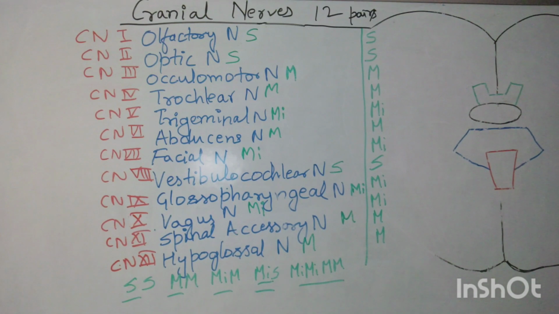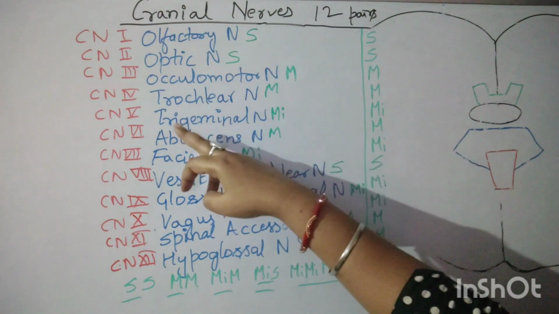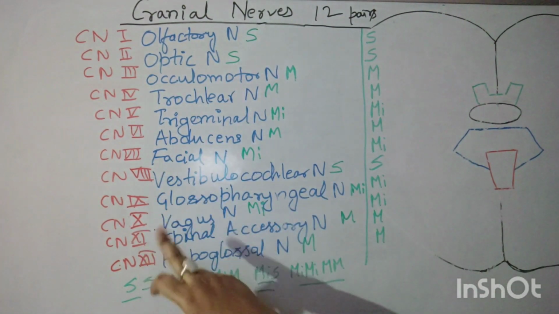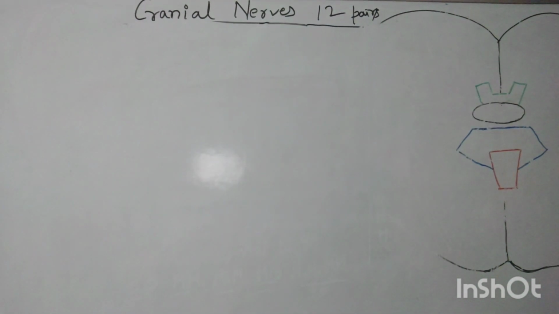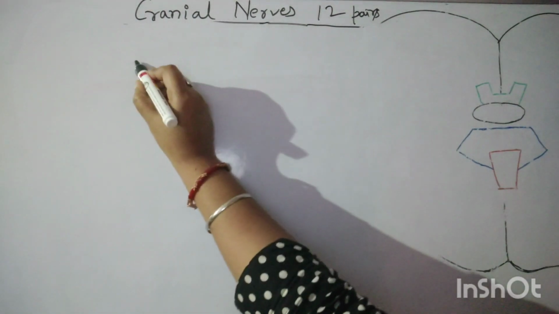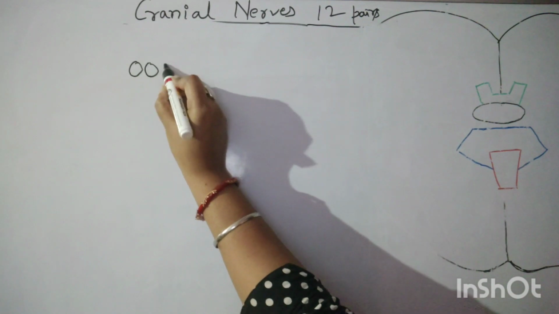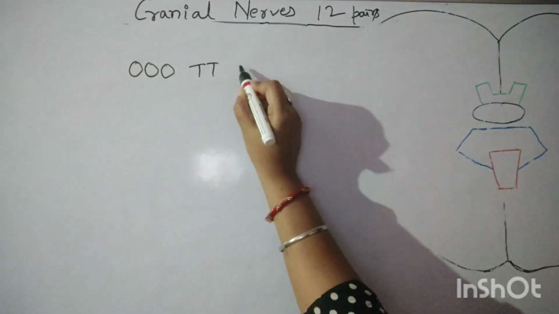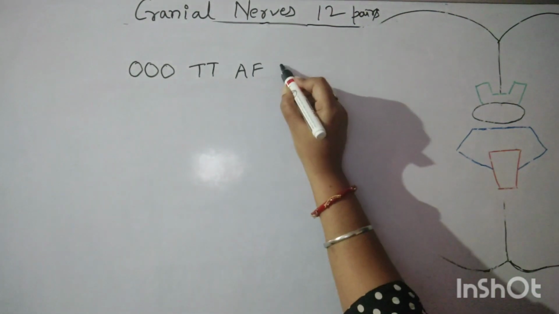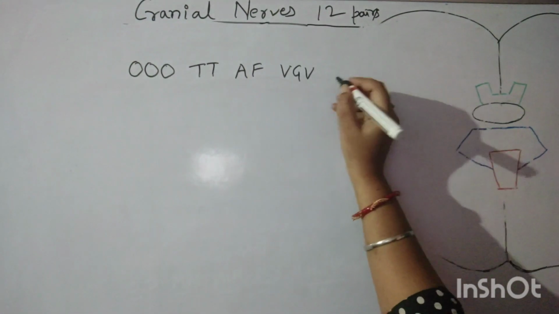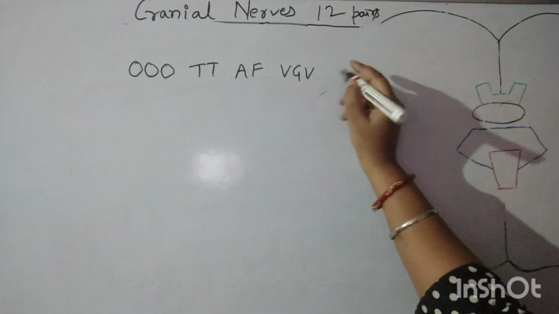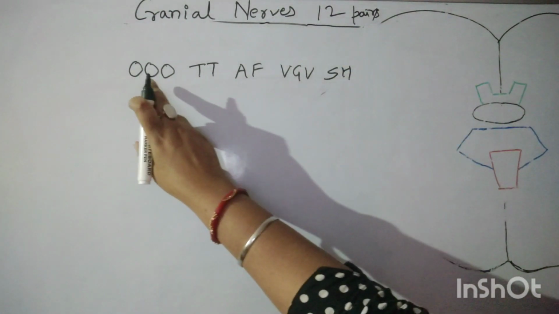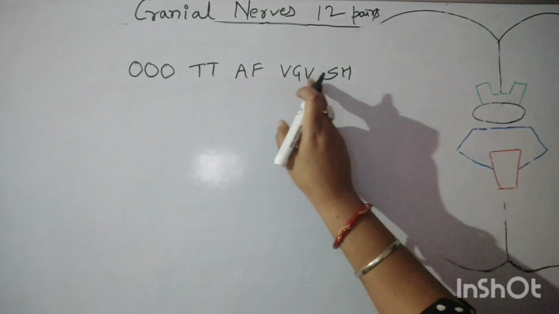You can also remember like this: OOTTAFVGVSH. So you can also remember the mnemonic like this: O, O, T, T, A, F, V, G, V, S, H. 1, 2, 3, 4, 5, 6, 7, 8, 9, 10, 11, 12.